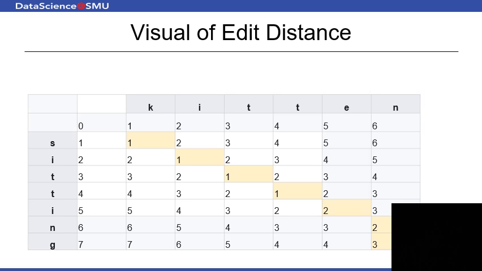In this particular example, sitting and kitten, we can see that the diagonal starts off right away with one difference with the S and the K, and then there are no changes for quite some time until we get to the I and the E. So the difference increments to 2 at this point, and then there is no difference with the ends, but finally at the end a G is added, bringing the total distance to 3.